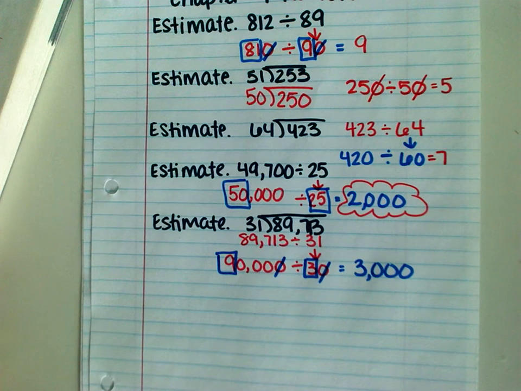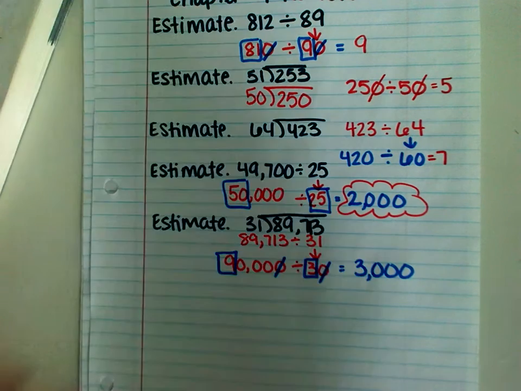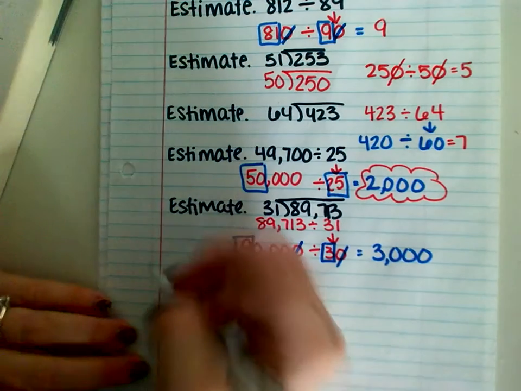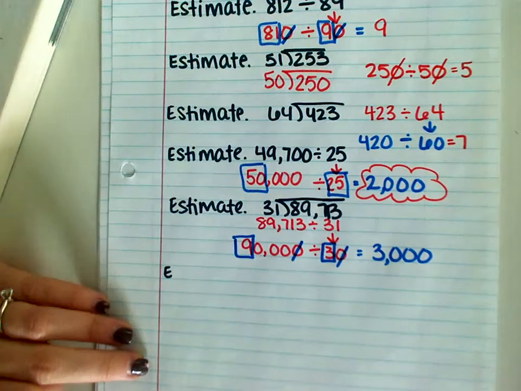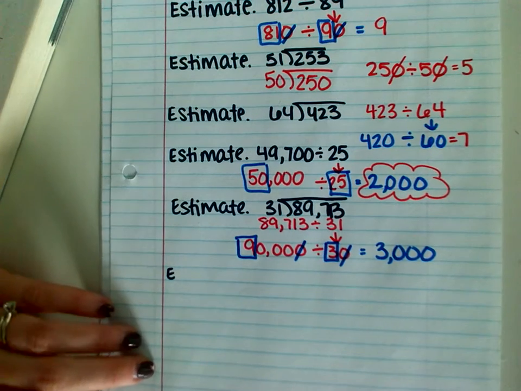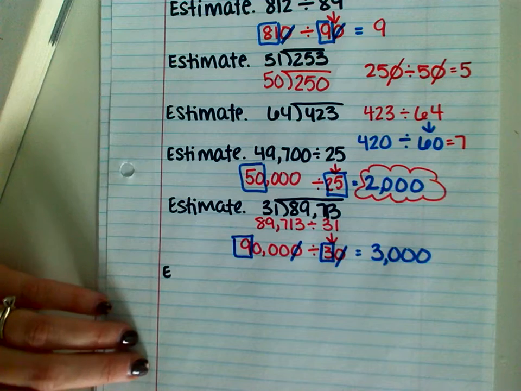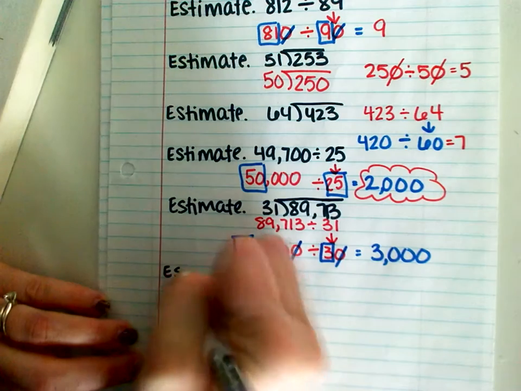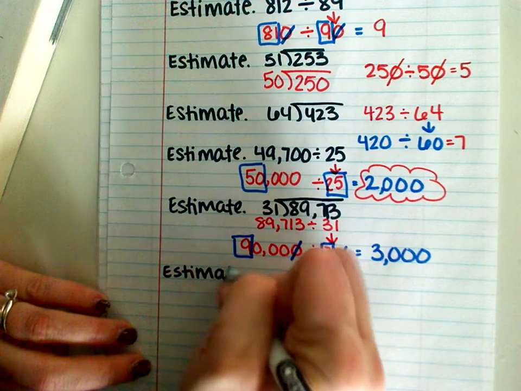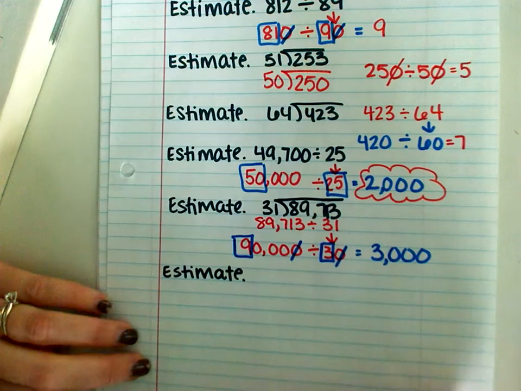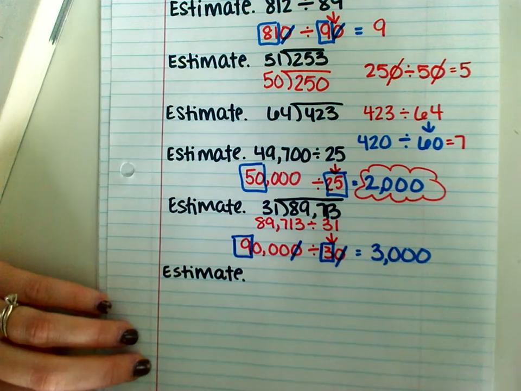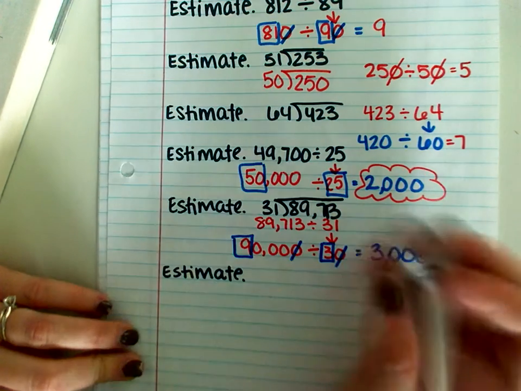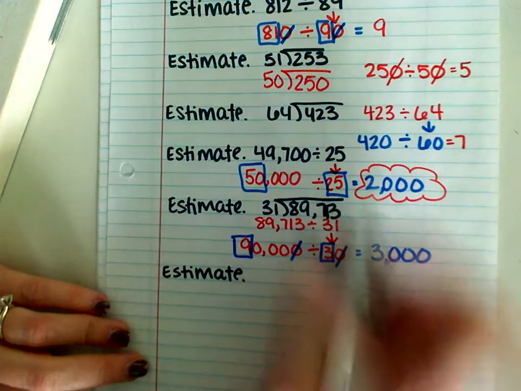All right. Next one. This is our last estimating problem. Estimate 15,968 divided by 19.